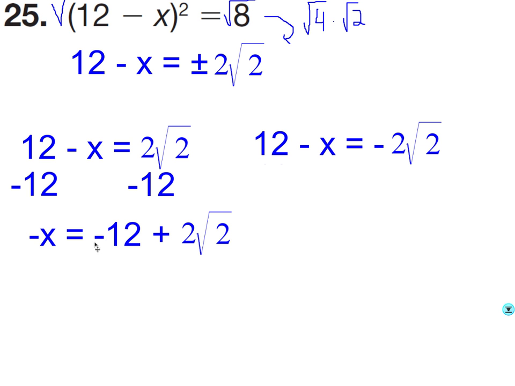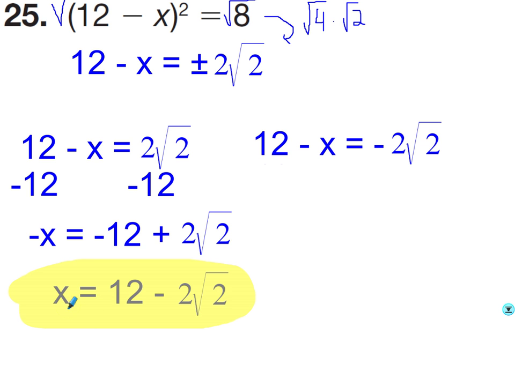I have to factor out the negative from everything because I can't have a negative x. I need a positive x. So remember that factoring a negative sign out just changes all the signs. So it'll be a positive x equals a positive 12 minus 2 root 2. And that whole thing is one of my solutions.